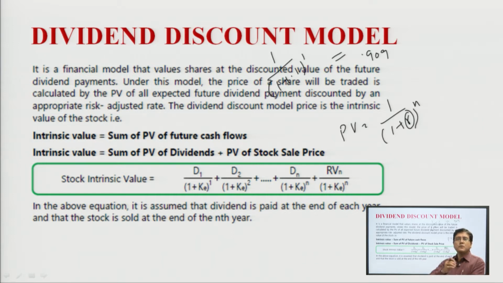Therefore, the dividend discount model is based on a stock's intrinsic value, where the dividend amount which we receive is discounted by a percentage, and we calculate the final amount.